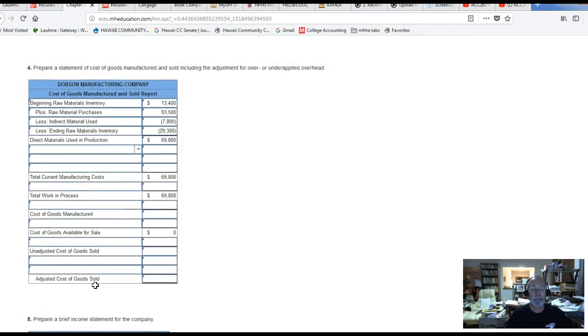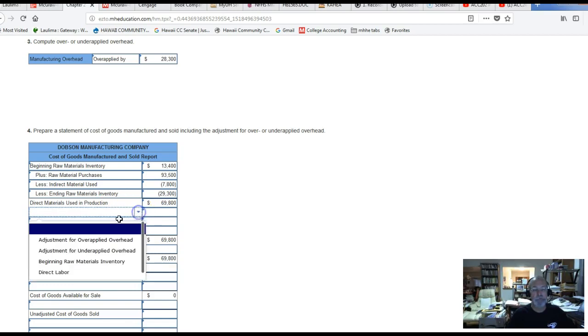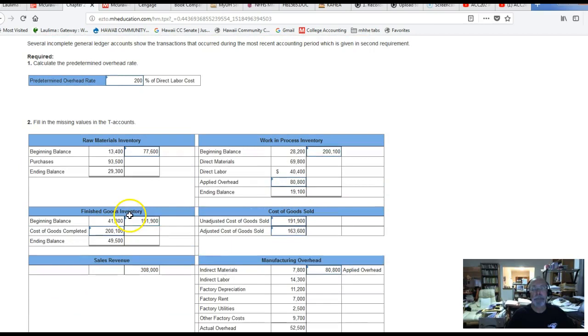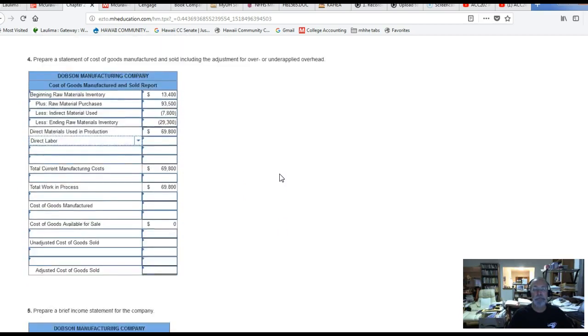Okay, next segment of cost used in manufacturing will be for labor, and labor is generally one amount, and we can get that from the work in process inventory account, 40,400.